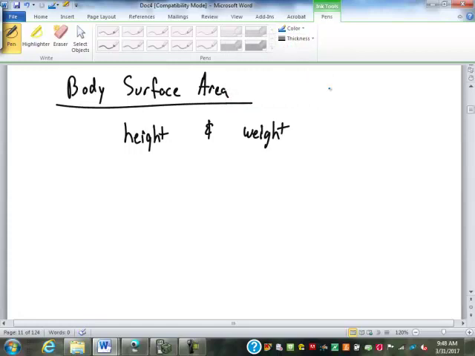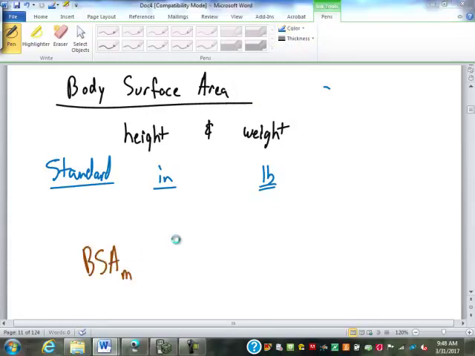If we are measuring in standard units, in other words, height is in inches and weight is in pounds, we can calculate the body surface area in square meters.